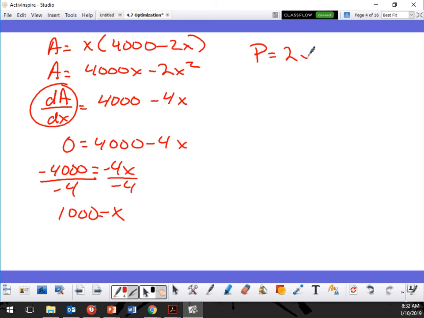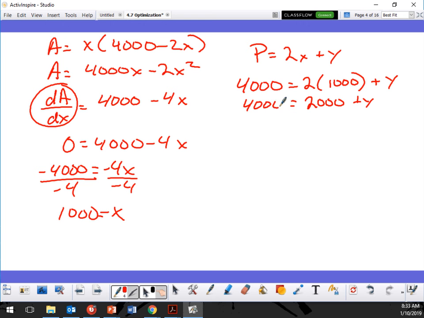So 4,000 equals 2, and my x is going to be 1,000, plus y. So this is going to be 2,000, so y is 2,000. So I got the y value, I got the x value.